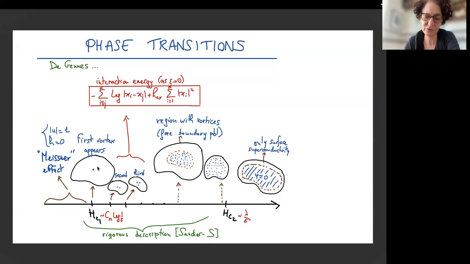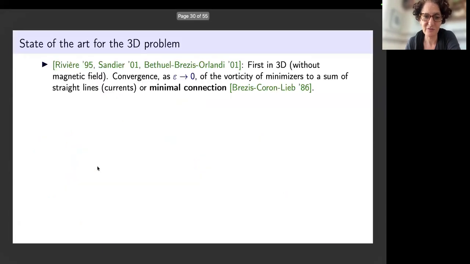Okay, so then our goal was to try to extend this picture to 3D, where, as I said, you have all these additional difficulties. So for the 3D problem, okay, first, if you neglect all these magnetic effects, you remember a vortex line costs a price proportional to its length, right? So length times log 1 over epsilon.